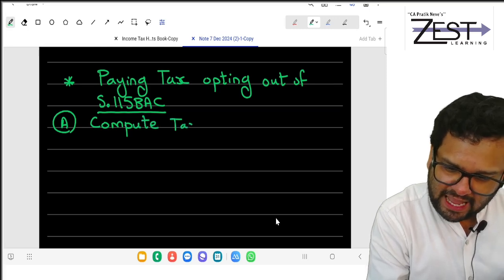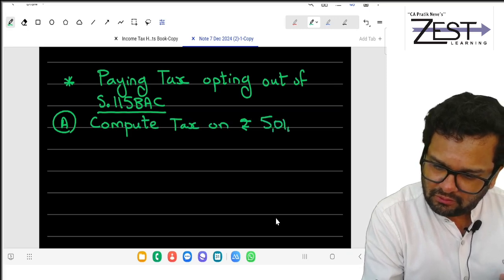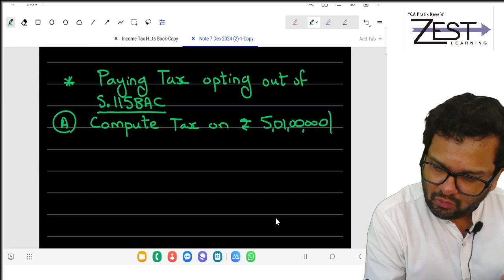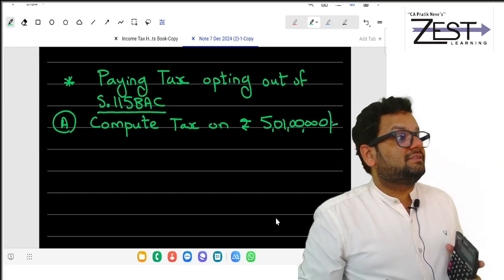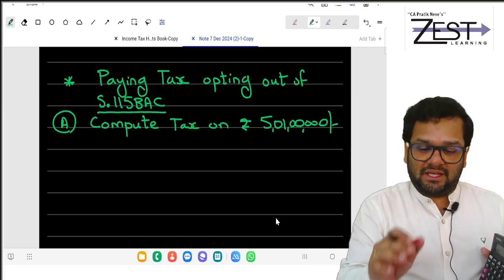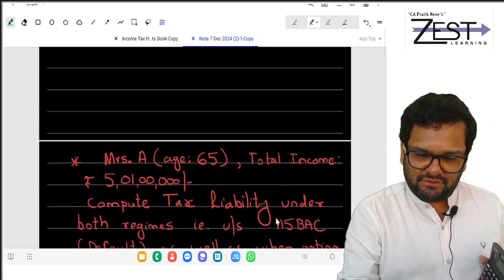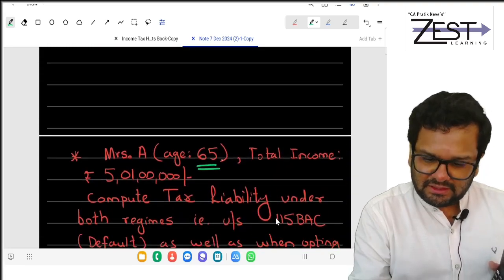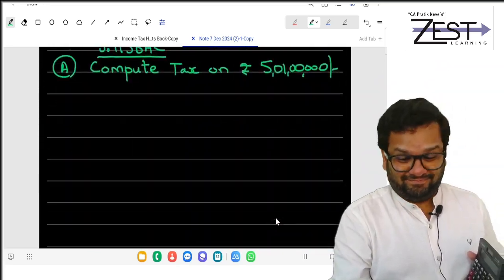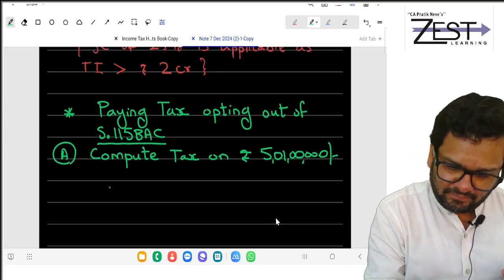compute tax on 5 crore 1 lakh. Don't forget, senior citizen. Check the age. What is the age? 65. Here age matters. So compute tax on 5 crore 1 lakh.